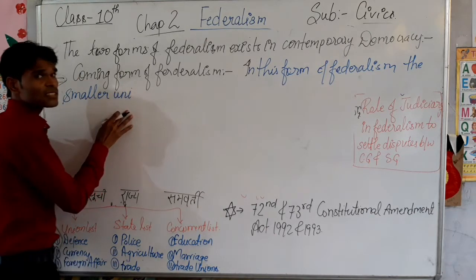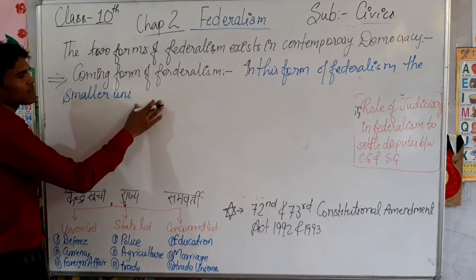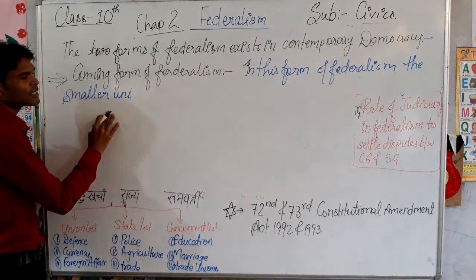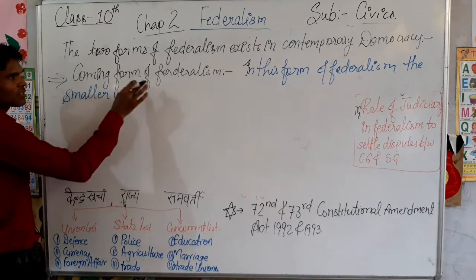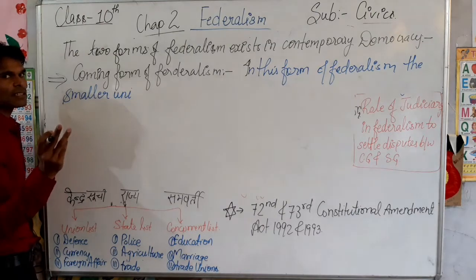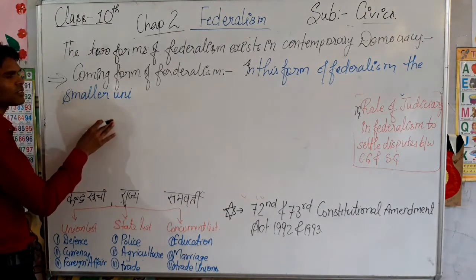Note the points with me, because after giving the explanation I am going to erase it. Otherwise you will be in problem, so note down the points with me, then after I will give you the explanation and it will be easy for you to get it.